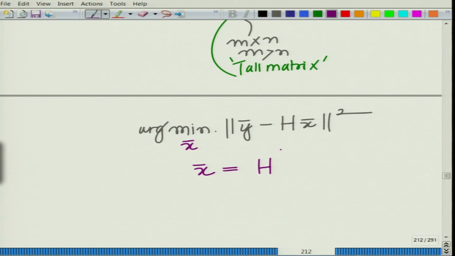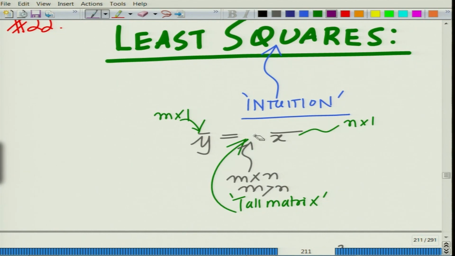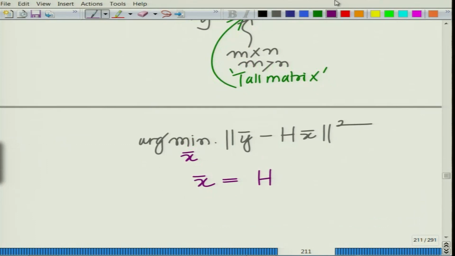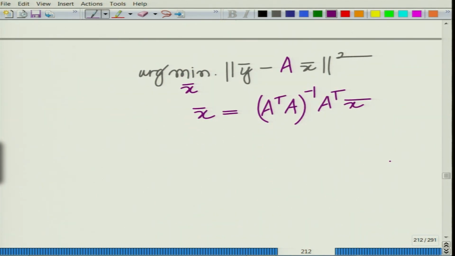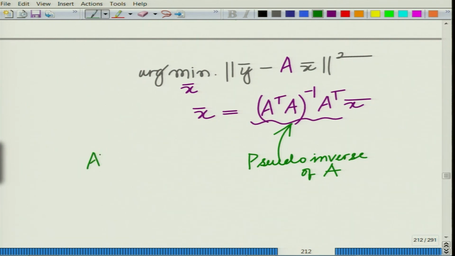This is given as, let me once again, I apologize for this, make this matrix A. This is given as A transpose A inverse A transpose, times y bar, and we said this has an interesting name: this is the pseudo inverse of the matrix A, meaning if you multiply this on the left times A, that is A transpose A inverse A transpose into A, this is naturally equal to the identity.